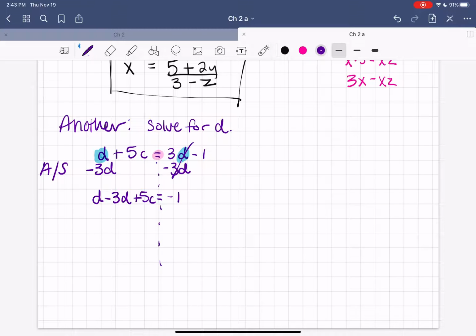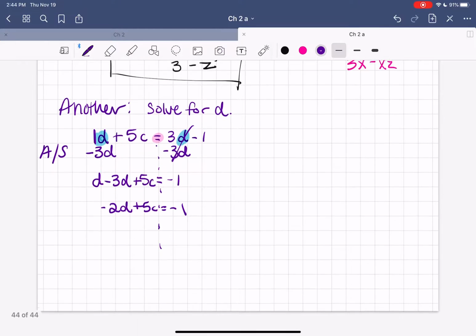Okay, remember that this d that was by itself, that's like a 1d. It's invisible. So 1d minus 3d, what we're really saying is minus 2d plus 5c equals negative 1.